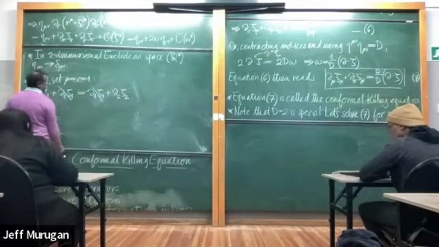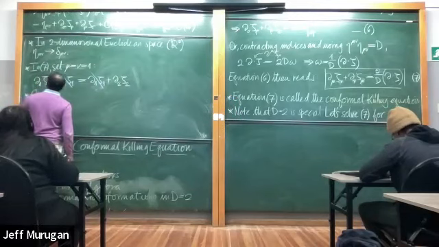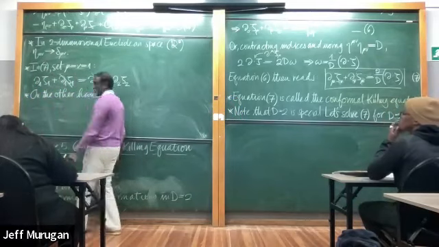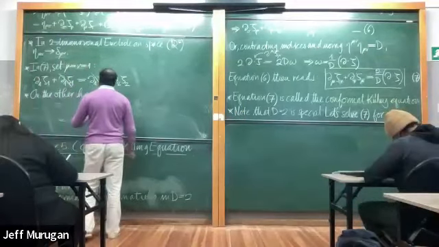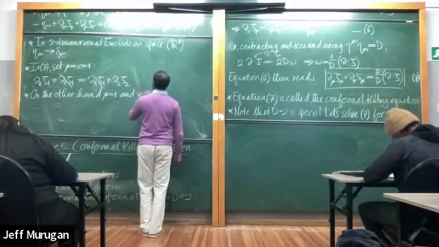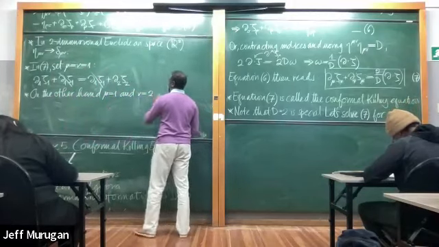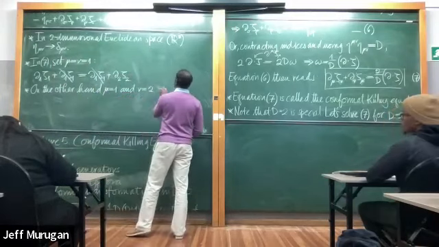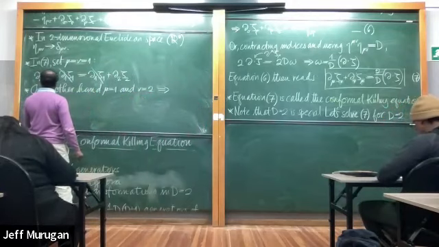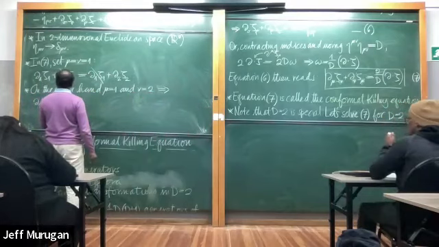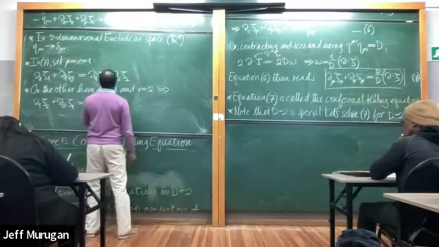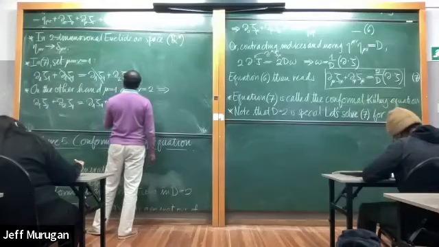You can probably see where I'm going with this. On the other hand, if we choose mu equal to 1 and nu equal to 2, then I'll get d1 of zeta 2 plus d2 of zeta 1 equal to d1 of zeta 1 plus d2 of zeta 2.